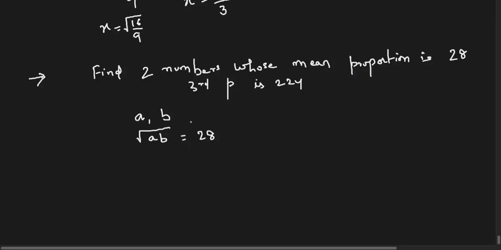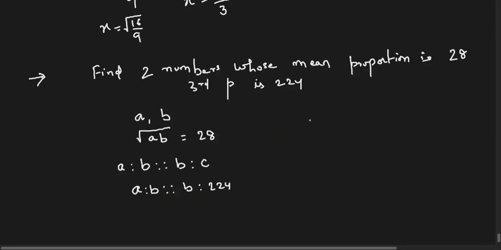224. Got it? So here A is to B as B is to C. So we are finding A and B, but C is known here, 224, because third proportion in continuous proportion is this one, 224, the last one. So you can write it as A is to B as B is to 224.